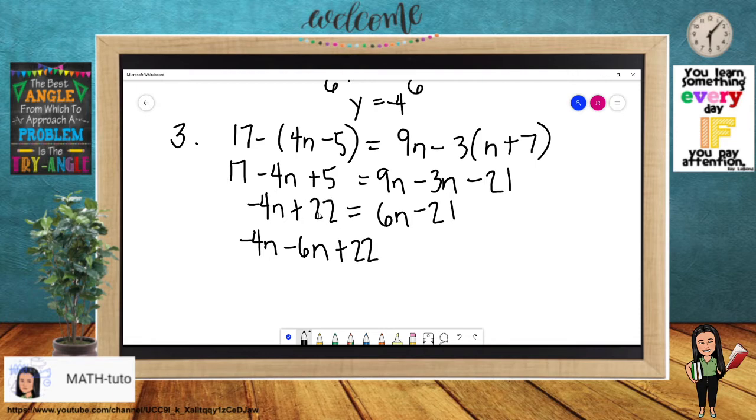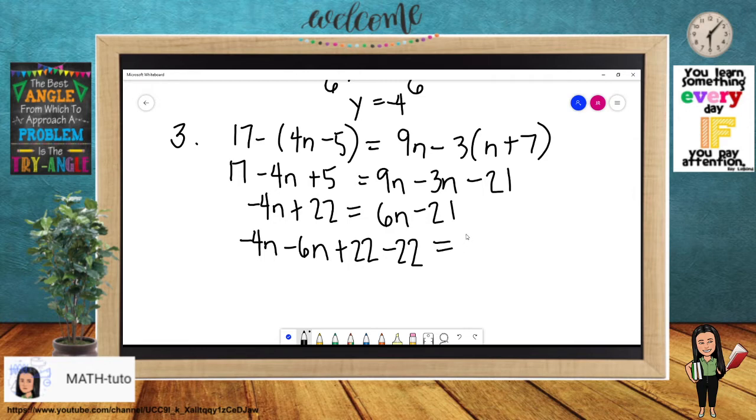This is our given on this side. And then we add negative 6n or subtract 6n to both sides. And then, at the same time, since we want to put this constant term on the other side, we can subtract 22 on this side. Remember what we did here because we need to do that also on the other side.